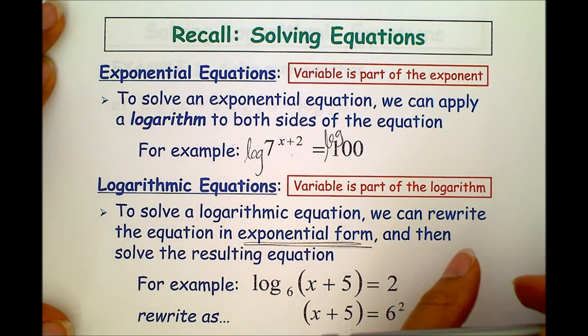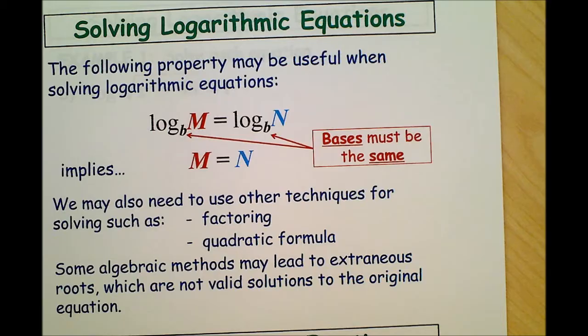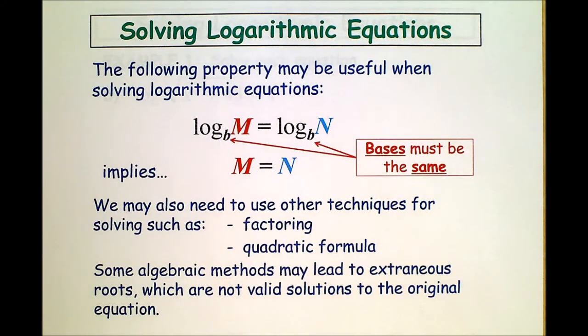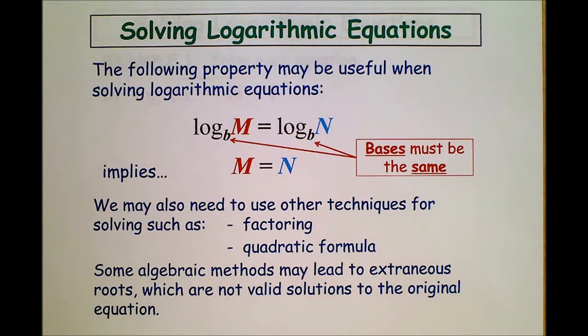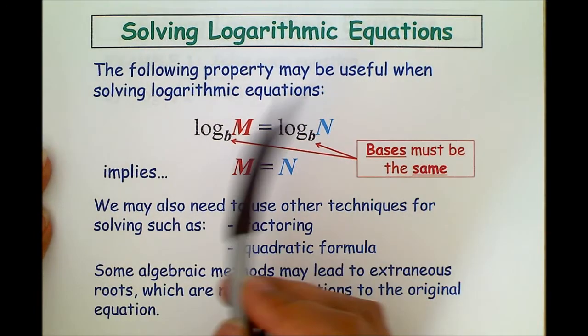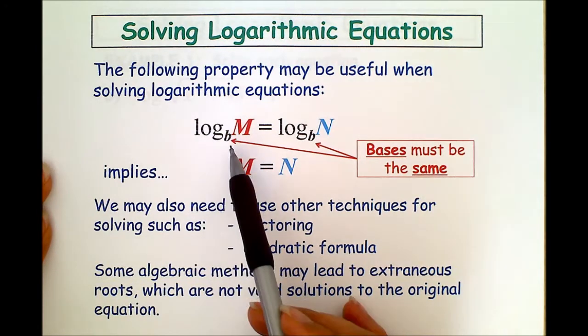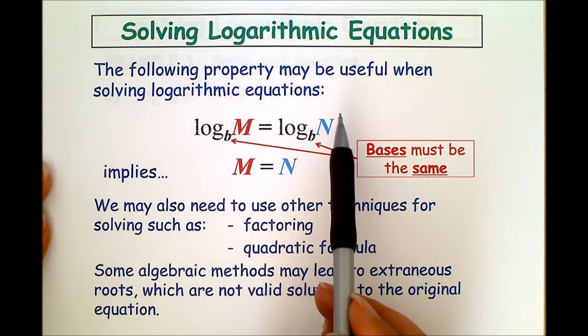Okay, there is a property of logarithms that we are going to look at, and this is only useful when you have a logarithm with the same base on both sides. The following property may be useful when solving logarithmic equations, and again, it is only useful if you have a logarithm on the left side and a logarithm on the right side.